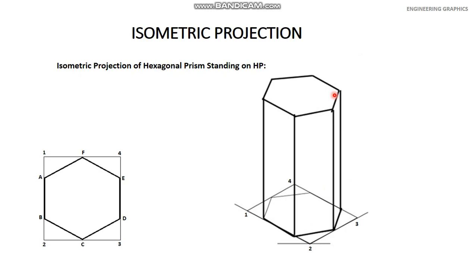Join all the corners of the top and the base with vertical lines, and finally delete the lines which are not visible to you. Only show the lines which are visible to you.